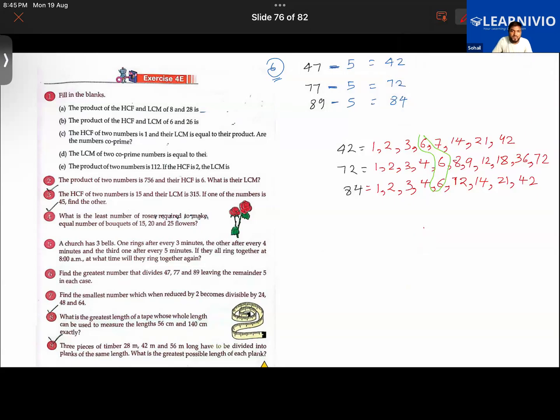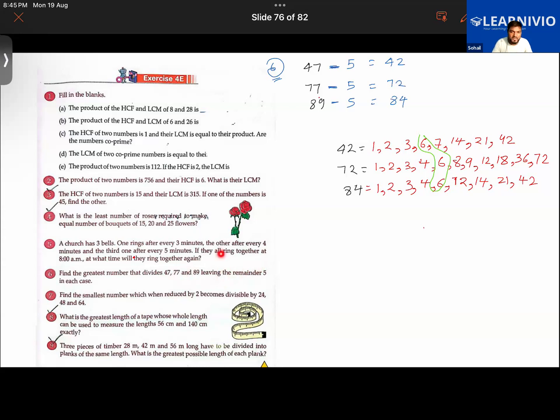And why did we subtract 5? The question says that we have to find the greatest number that divides 47, 77, and 89 and leaves the remainder 5 in each case.